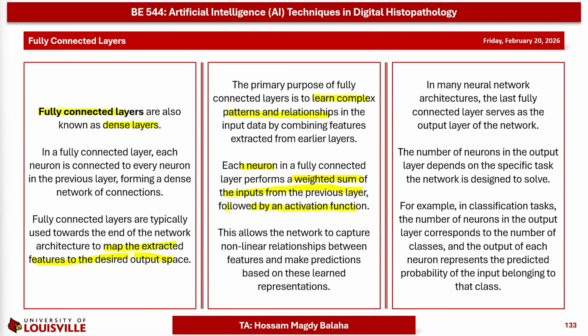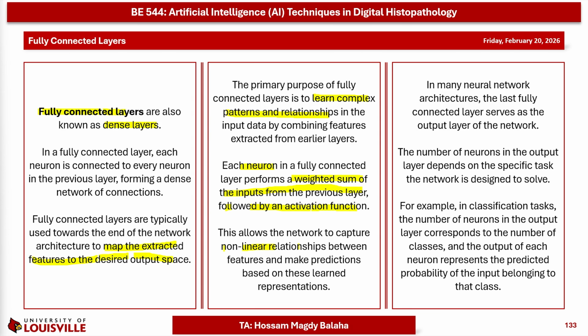Again, this activation function introduces nonlinearity to capture the nonlinear relationships between the features and to make predictions. So we have two types of activation functions: activations related to the conv layers, and another activation related to the fully connected layers.